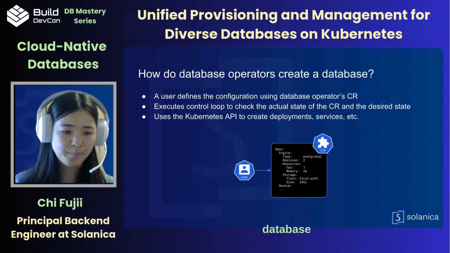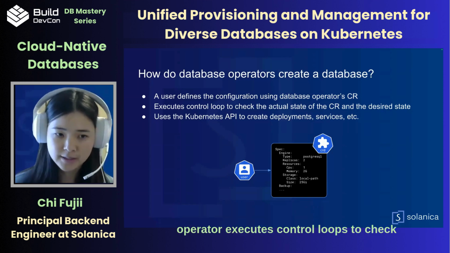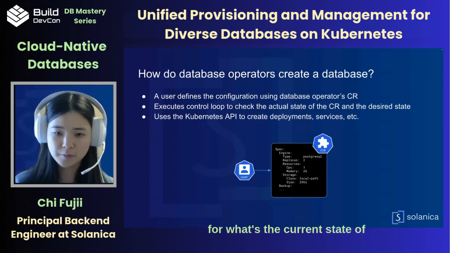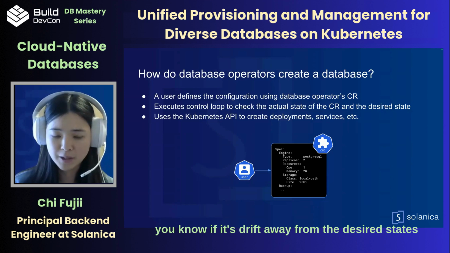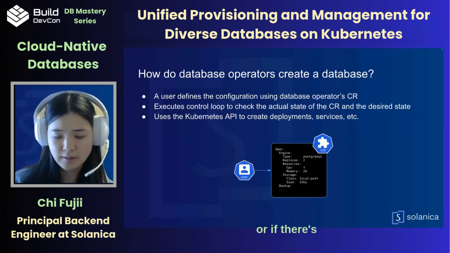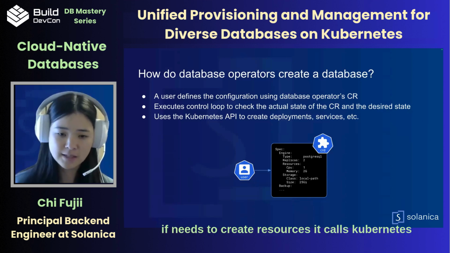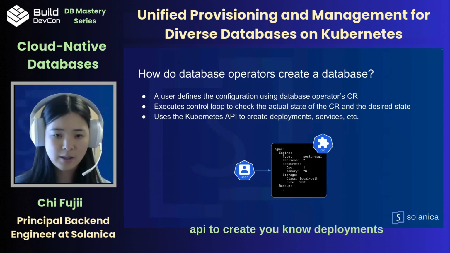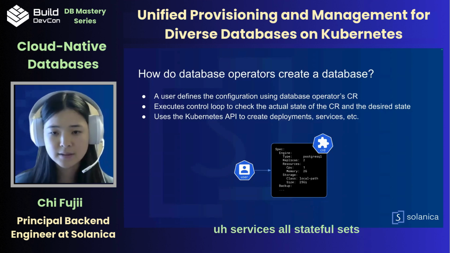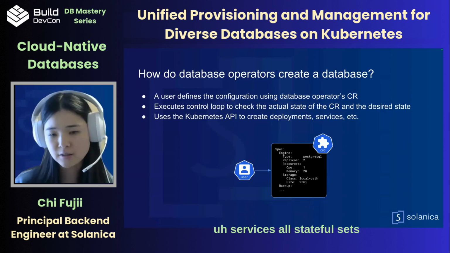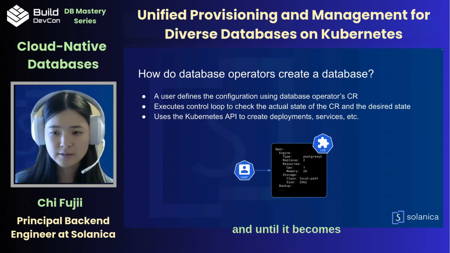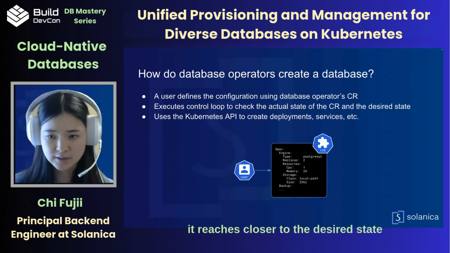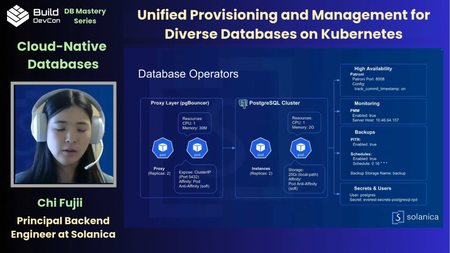And then the database operator executes control loops to check the current state based on the CR, and if it drifts away from the desired state, or if it needs to create resources, it calls the Kubernetes API to create deployments, services, stateful sets, secrets, and so on, until it reaches the desired state.